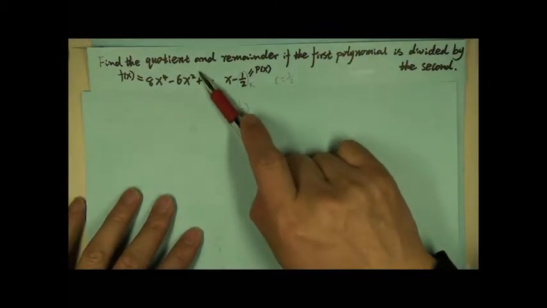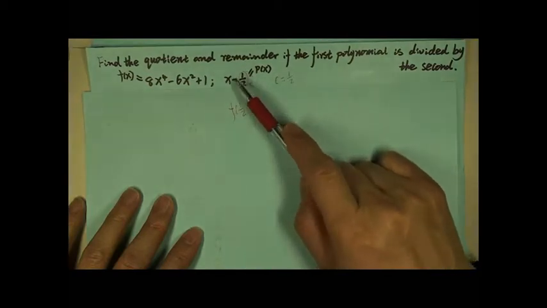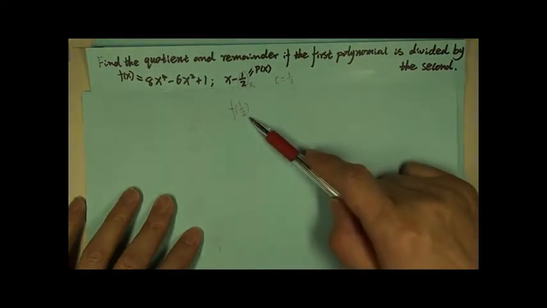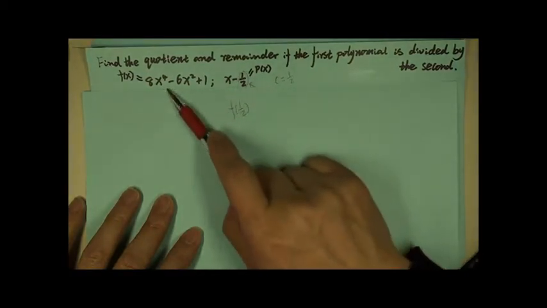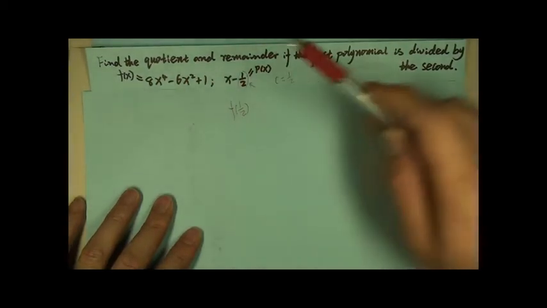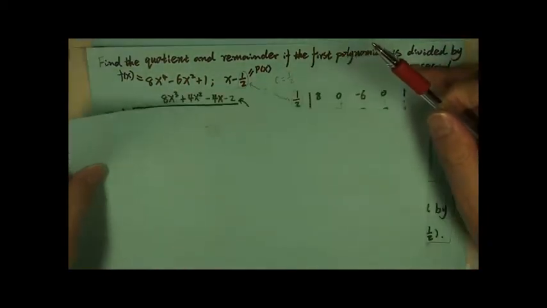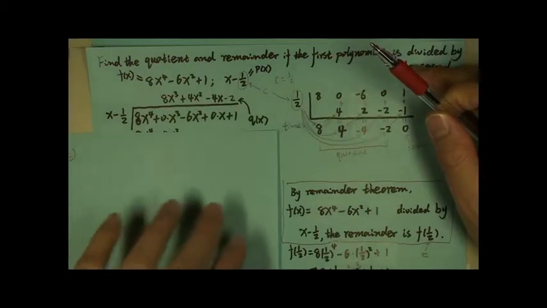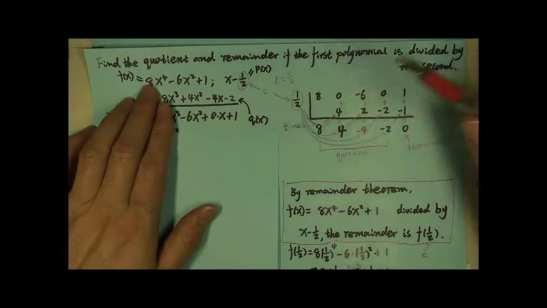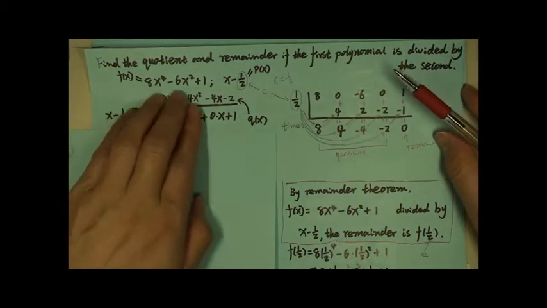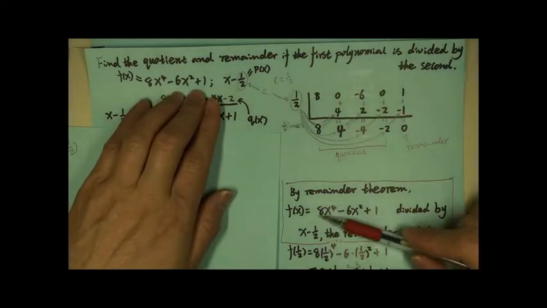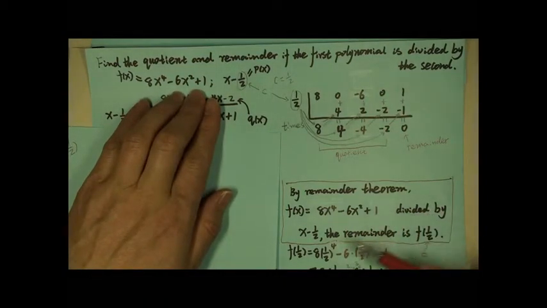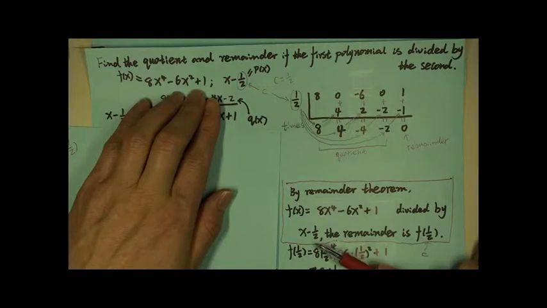Then this f of x divided by that, the remainder will be f of 1/2. So you need to plug in 1/2 right here. You see, f of x is divided by x minus 1/2, then the remainder is f of 1/2.